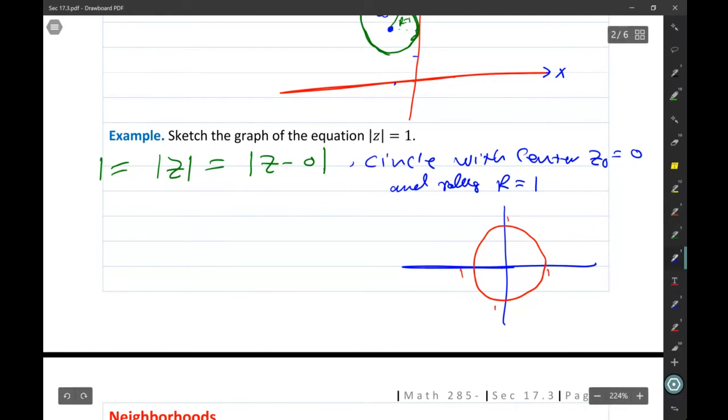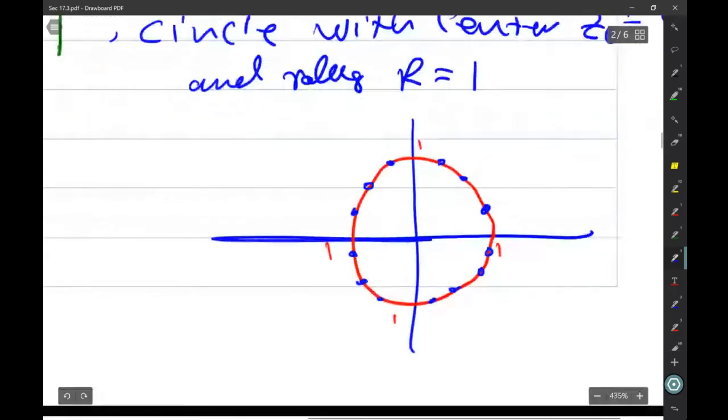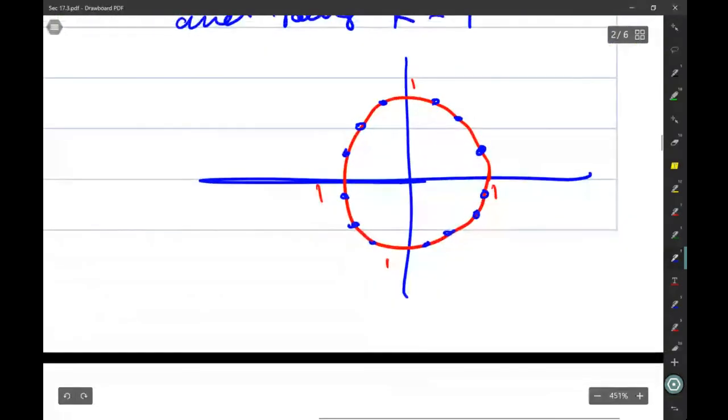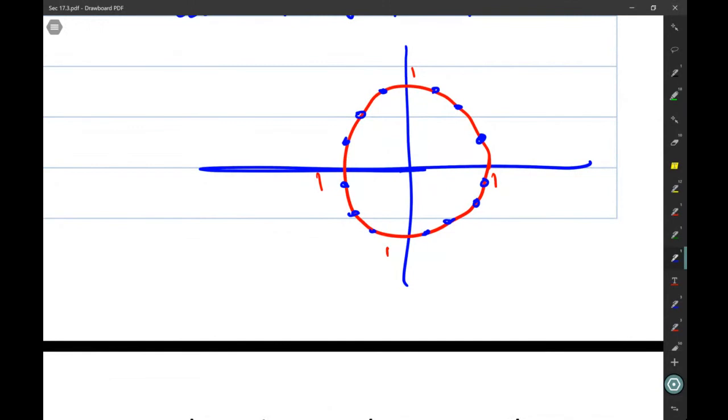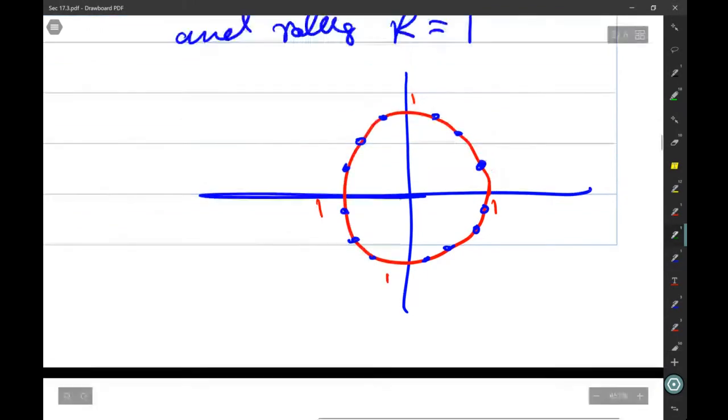Those points here are located on this red line. All of these points, their modulus is equal to 1. And just to remind you, the points inside the circle are what?